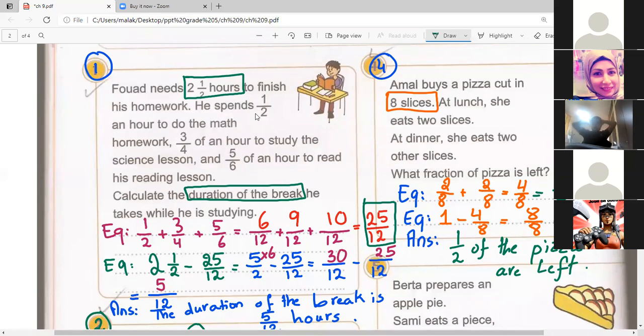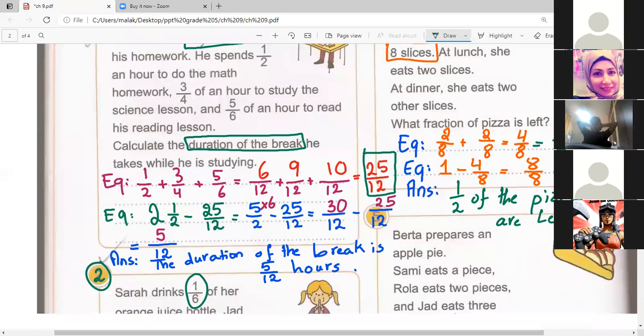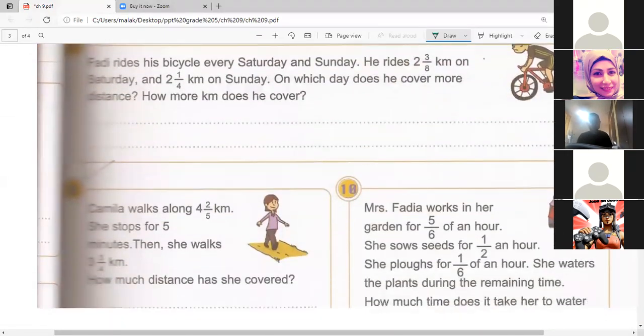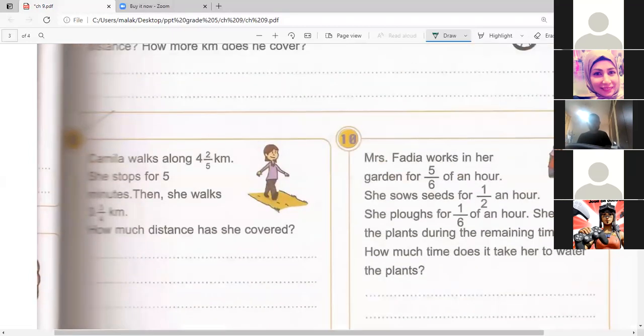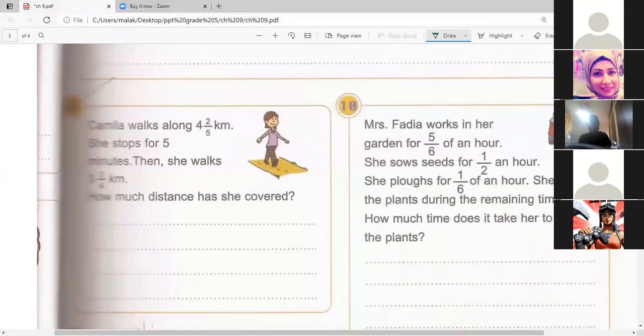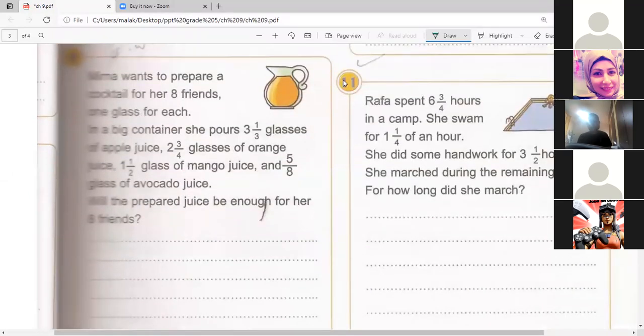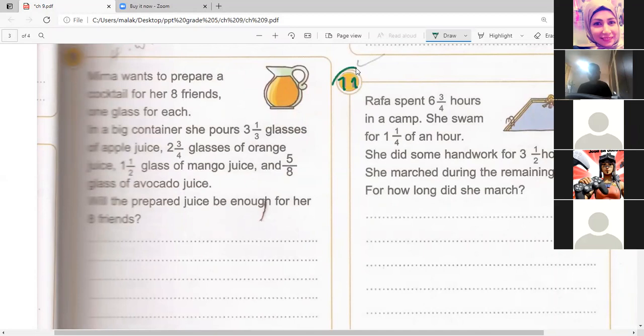Yes, we will take a test. Maybe, I'm not sure. We have so many tests for next week. Maybe there's no math test if you have a lot of tests next week. We have Arabic, grammar. Problem 11 now.